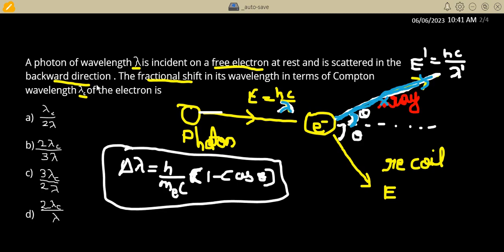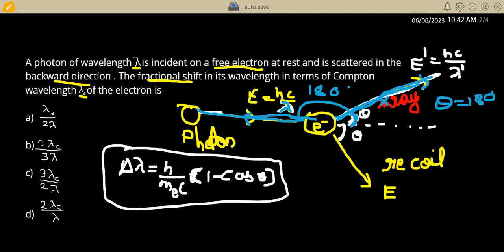What does it mean? It comes, hits and goes backward, so the angle of divergence is 180 degrees. So theta is equal to 180 degrees as per the question.